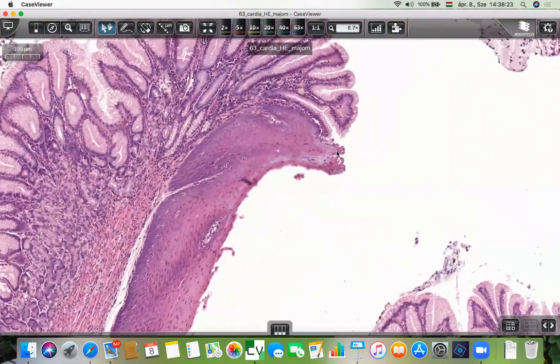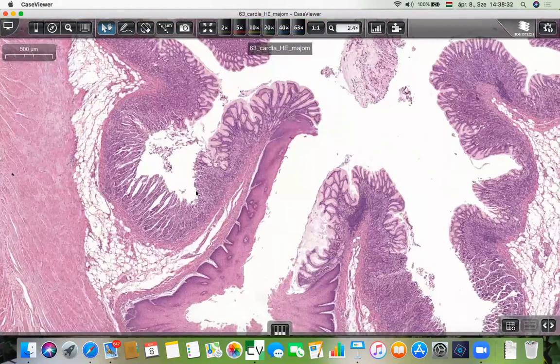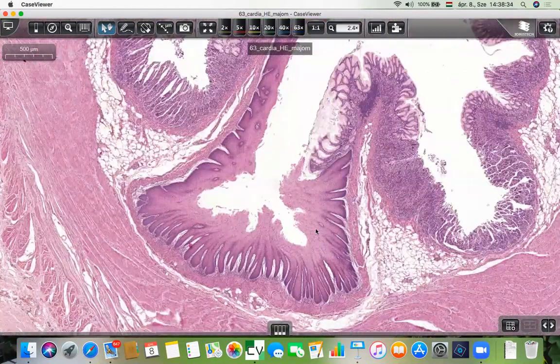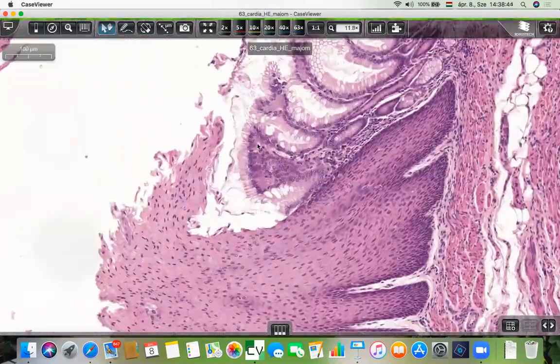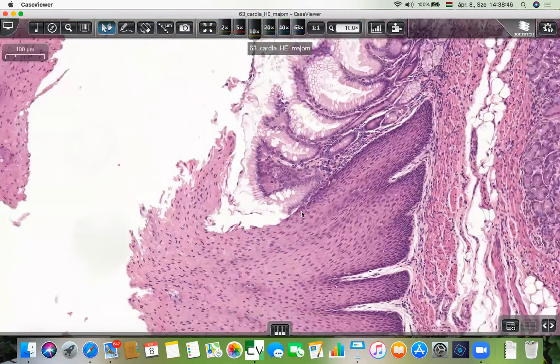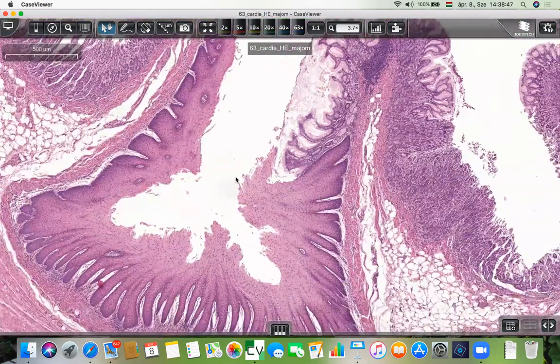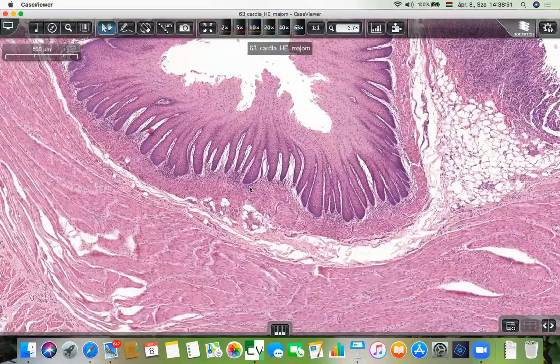This is the exact level where the epithelium becomes simple columnar. So here we can see the portion of the esophagus. This is the cardia, the esophagogastric junction. There is the other side where the gastric mucosa begins, and there is the esophagus. So that slide represents the cardia level.